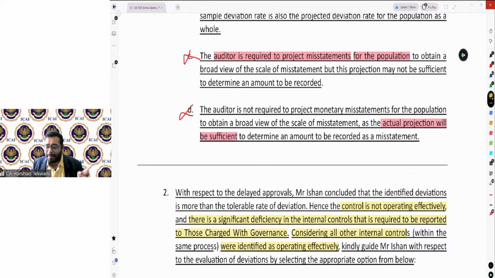Okay, misstatement in the financial statement. Second, or a control necessary to prevent, detect, or correct misstatement in the financial statement on a timely basis is missing. So either the control is not able to prevent misstatement, or a control is not at all present to detect the misstatement or to prevent the misstatement.